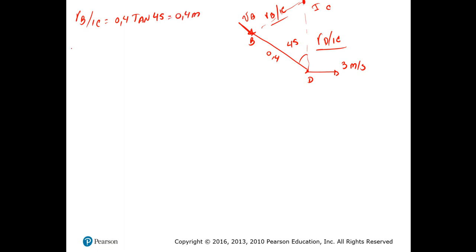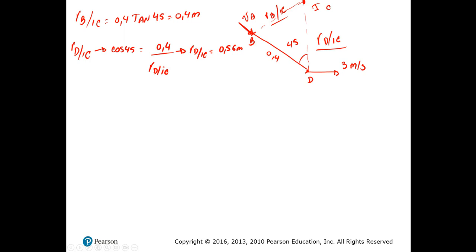For RDIC, what we'll do, we'll use the cosine of 45, which is equal to 0.4 over RDIC. If I solve for RDIC, I will get that RDIC is equal to 0.56 meters.